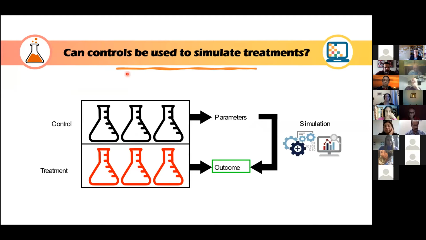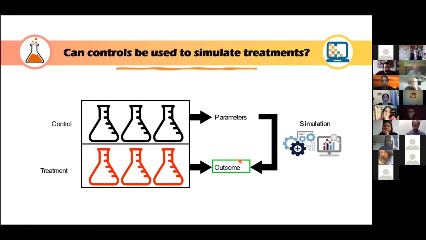So in this study, we asked if controls can be used to simulate treatment. In other words, can the parameters extracted from controls be used to simulate the outcome of treatments?